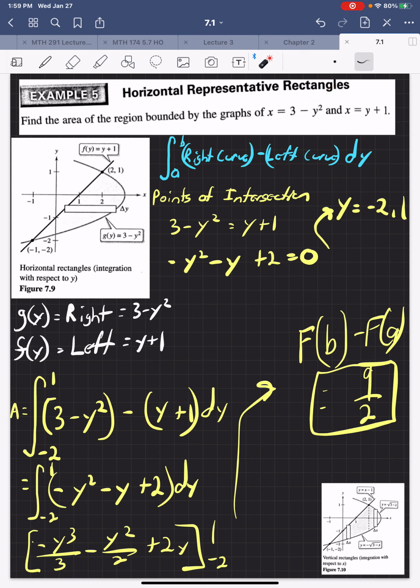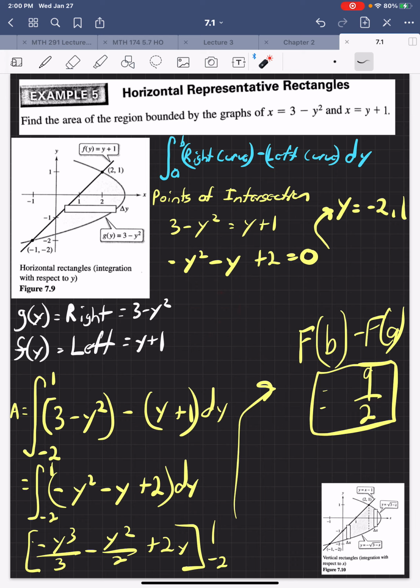What I've seen, and you'll see this become more apparent when we get into volume and in the next section, is that for some reason many students want to integrate only with respect to x. They only want to look up and down, not left to right.